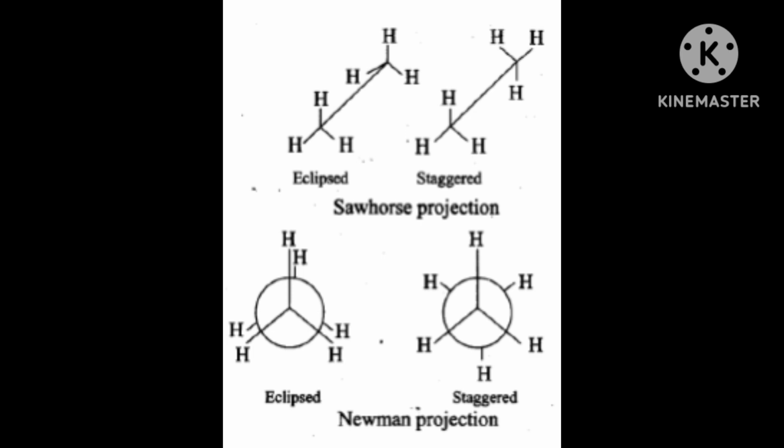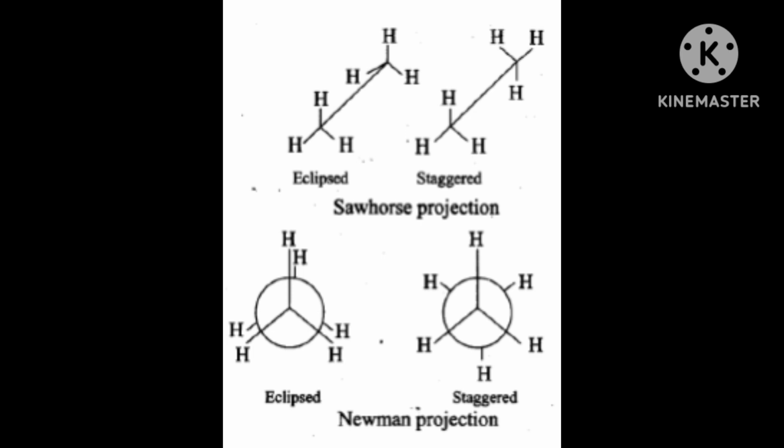This you also remember: the double bond will always be shorter than the single bond. Overall, double bond 134 picometer and single bond 154 picometer.